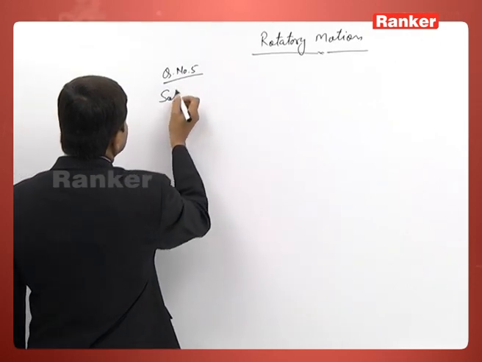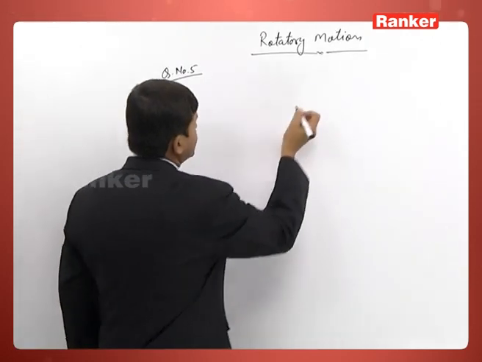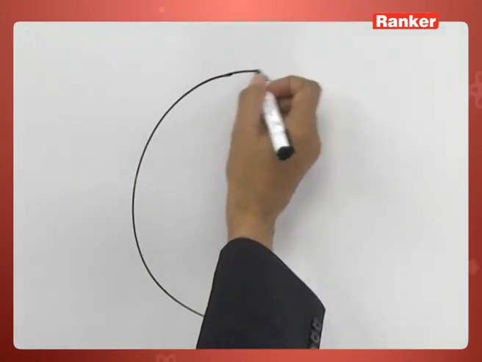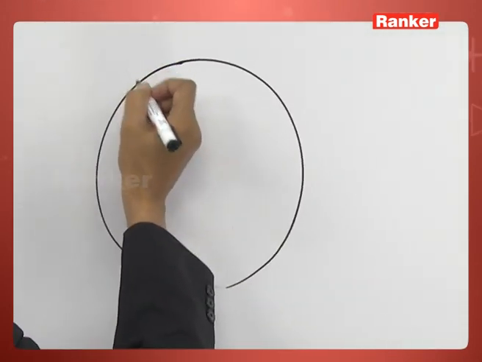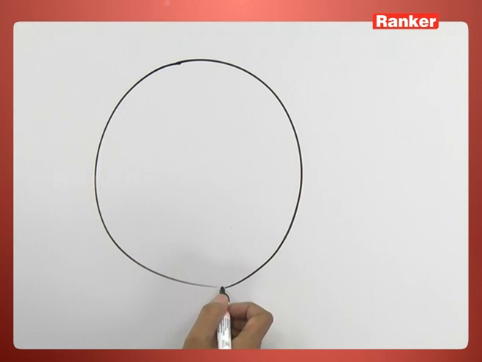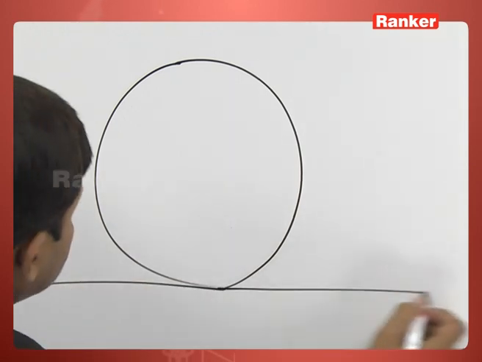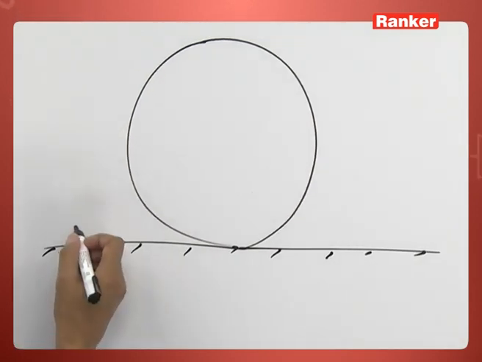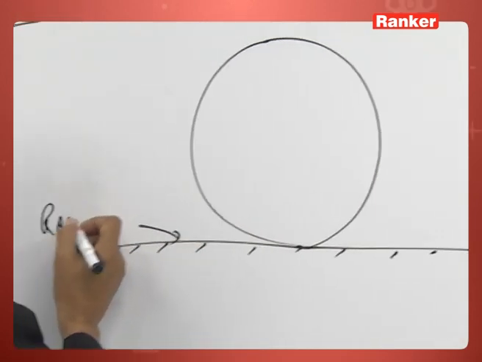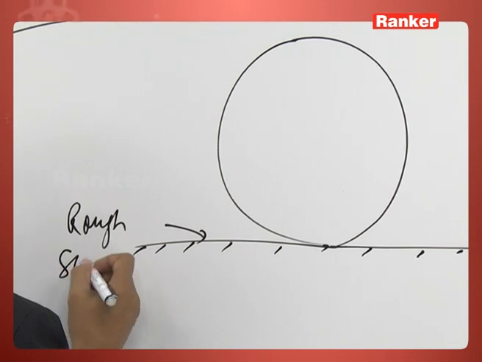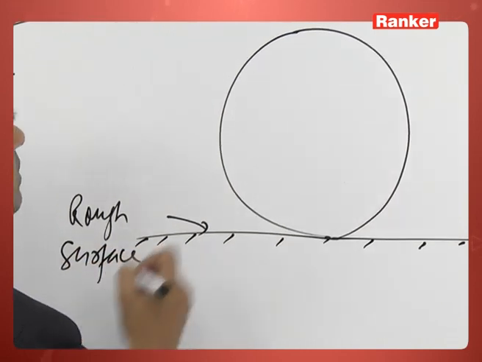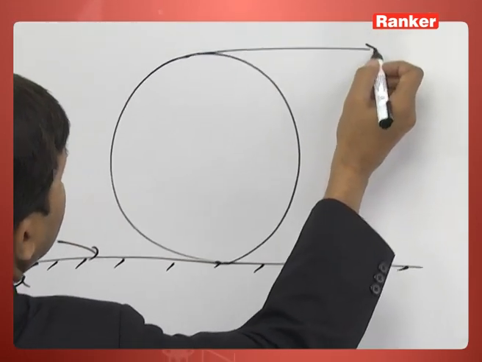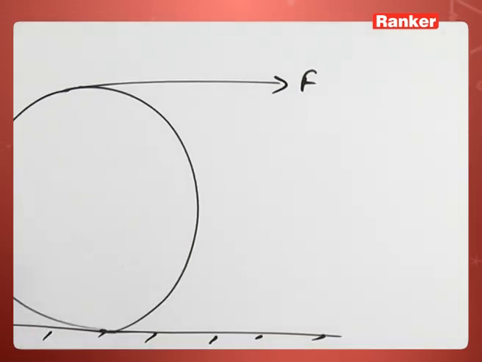So it is given that this is your sphere of mass M, radius R, and this is kept on a rough surface. And now at the highest point, a force F is given.